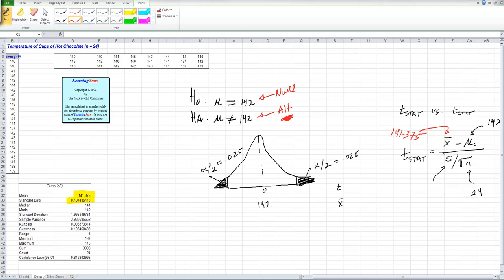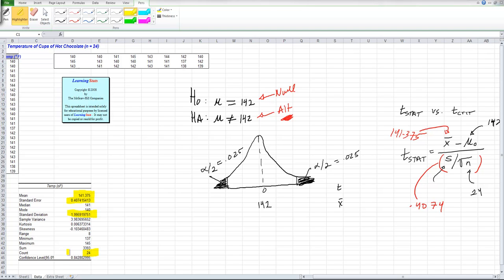This thing together is 0.4074. Now I could calculate it individually by taking n, 24, and the sample standard deviation, 1.99, and dividing 1.99 by the square root of 24.